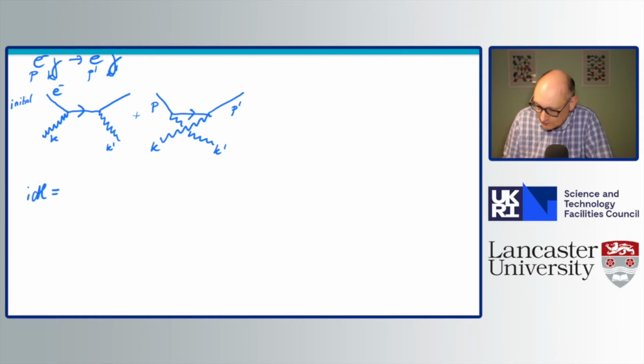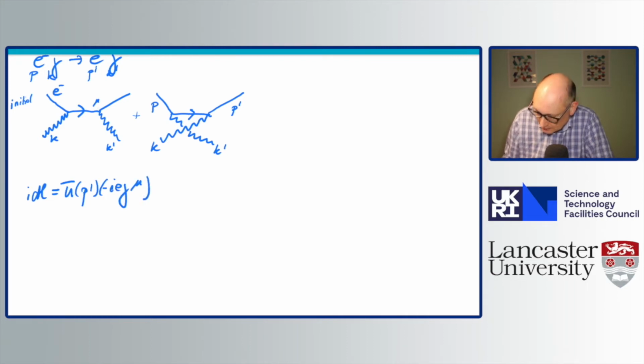So we start, it's the same fermion line that runs through. So we start with a u bar of P prime. Then we have the vertex here. Let's give the first vertex an index mu. Then there will be a minus ie gamma mu.